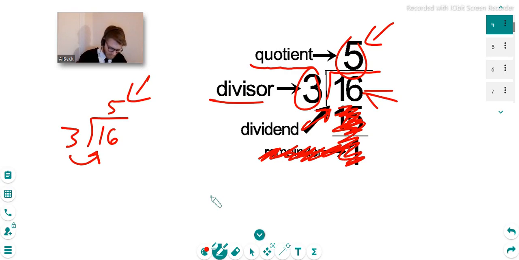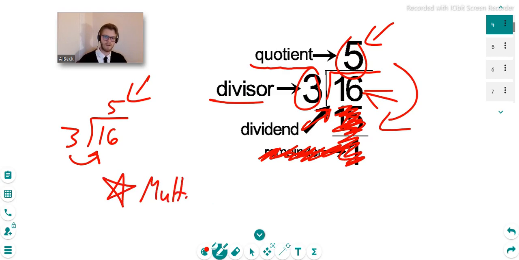One thing that's important is that anytime we put a number on top, anytime we put that quotient, we have to multiply it by the divisor, and we have to put the number under the dividend. So this is really important.